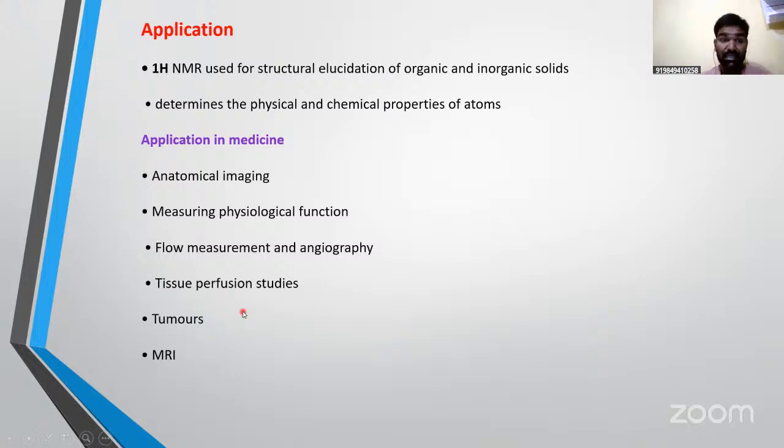By using this NMR spectroscopy, MRI, magnetic radiation is given. By using that, you can see the pictures of the whole body. So this MRI, tumors, tissue perfusion studies, flow measurement, angiography, and also measuring physiological function, and also anatomical imaging can be used in the medical applications.